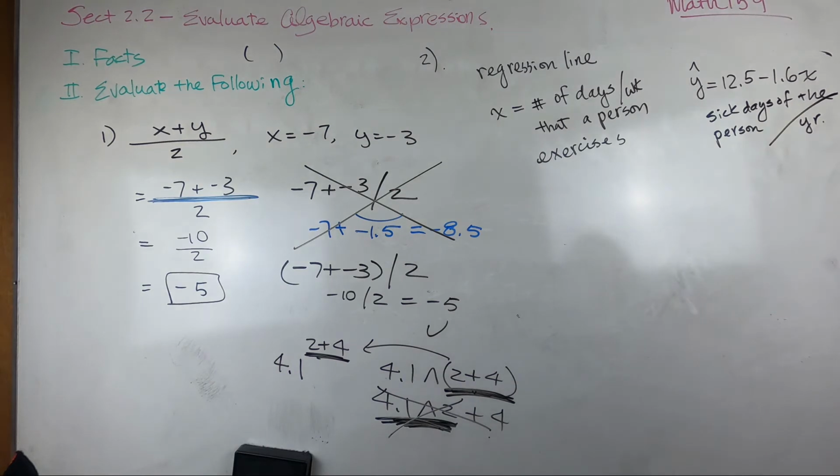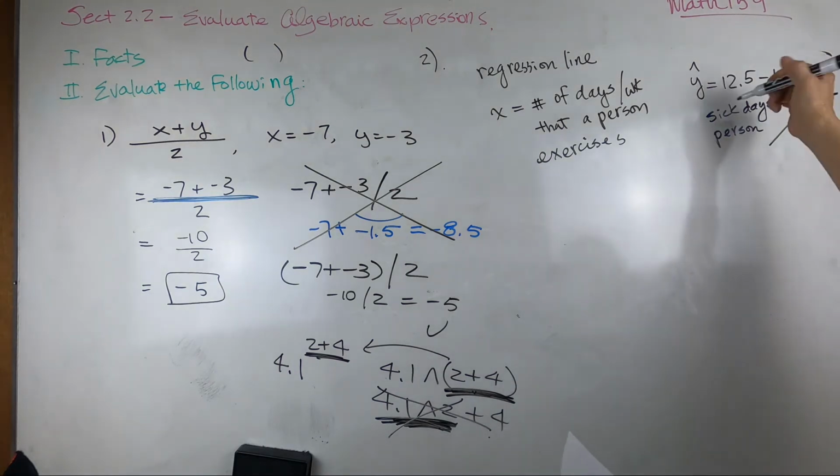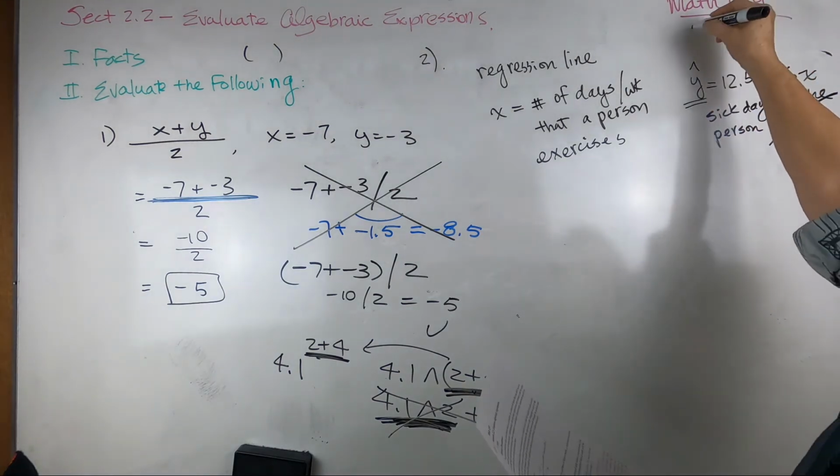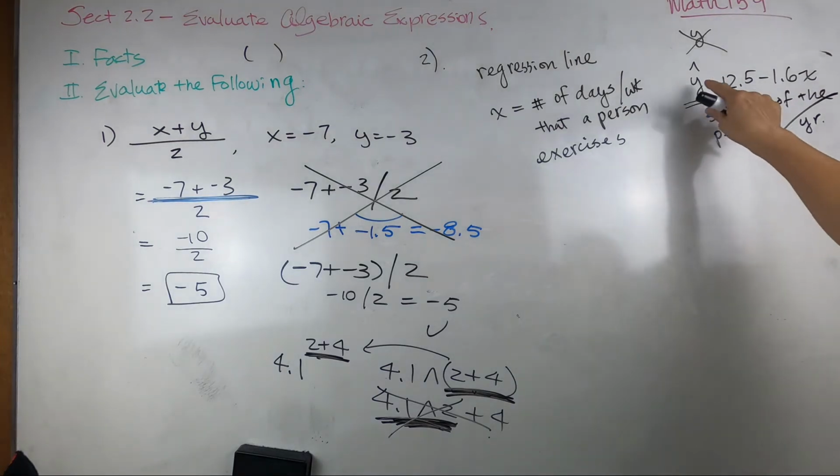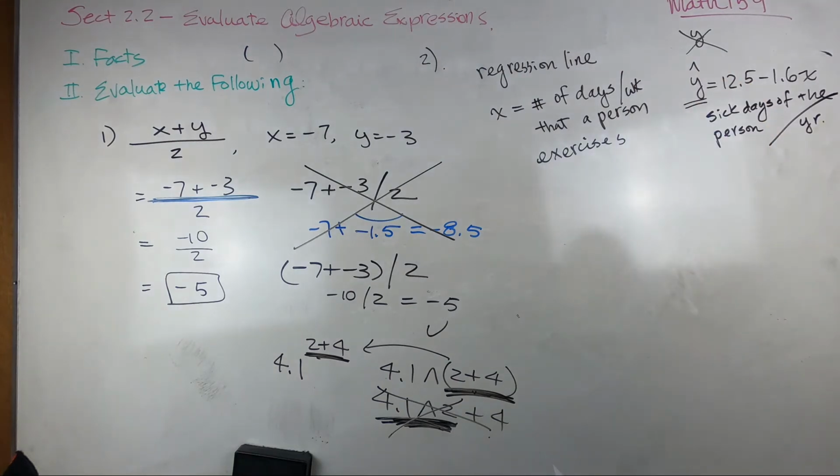We use y hat, not y, at this moment. When we do the prediction, it may or may not happen, right? It's just an estimate. So hat means estimate. So a prediction instead of an actual data value, a y coordinate. You don't know what a y coordinate is yet.